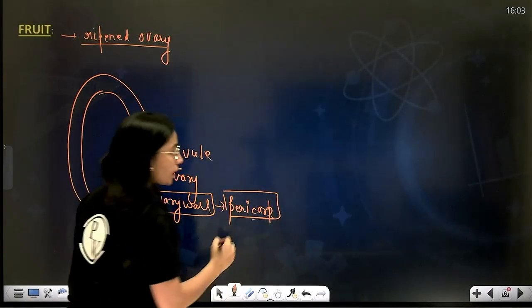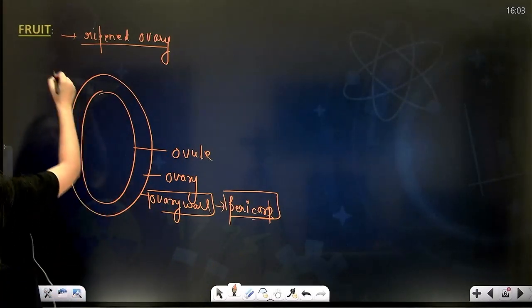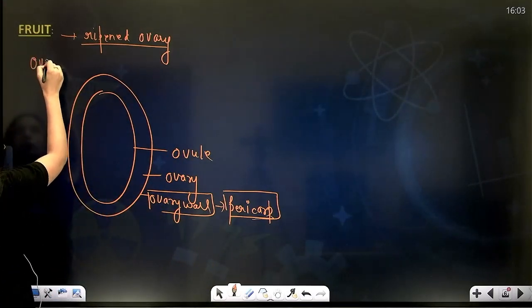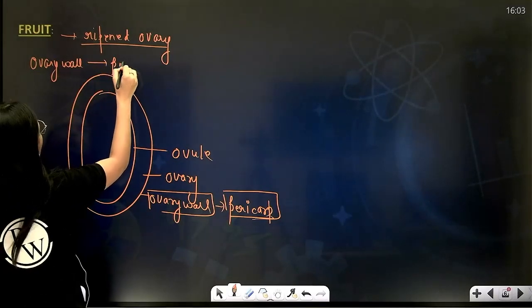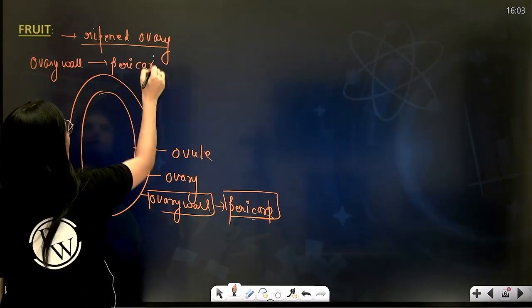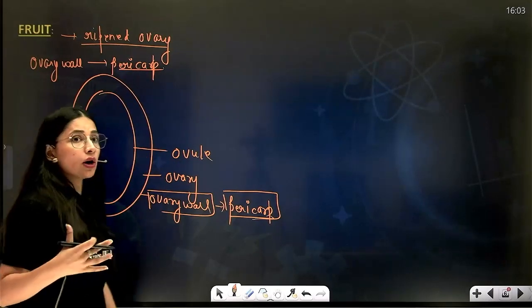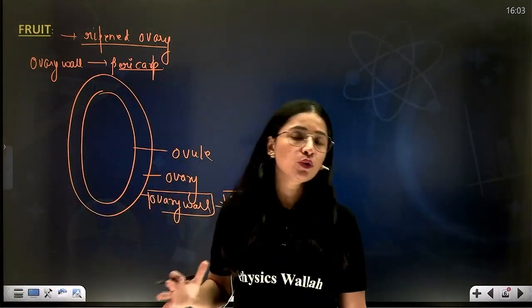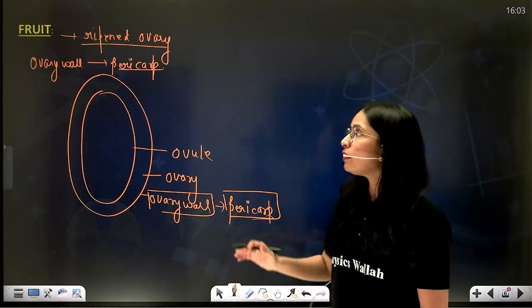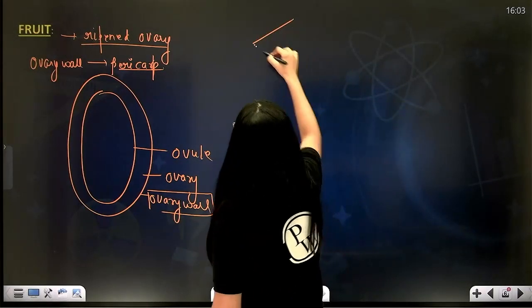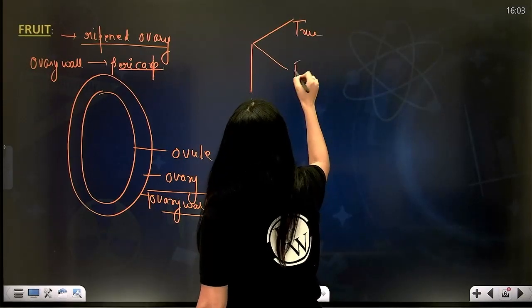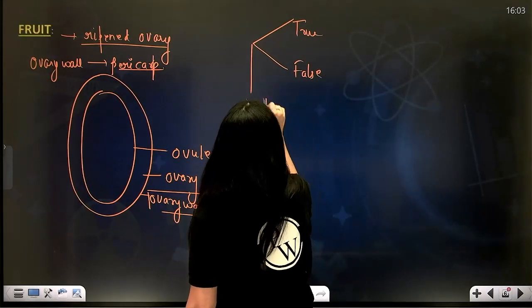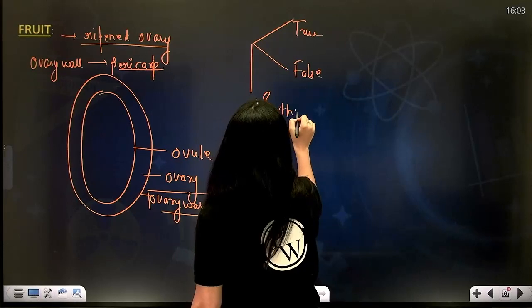So this is also one of the post-fertilization modifications, that means transformation of the ovary wall into pericarp, which is actually the wall of the fruit. Correct? Now, there can be three types of fruit, beta. True fruit, false fruit, and parthenocarpic fruit.